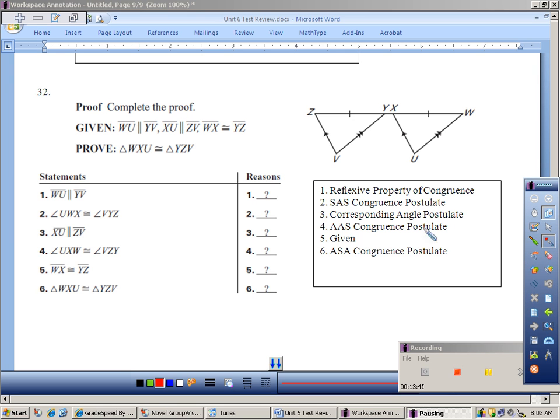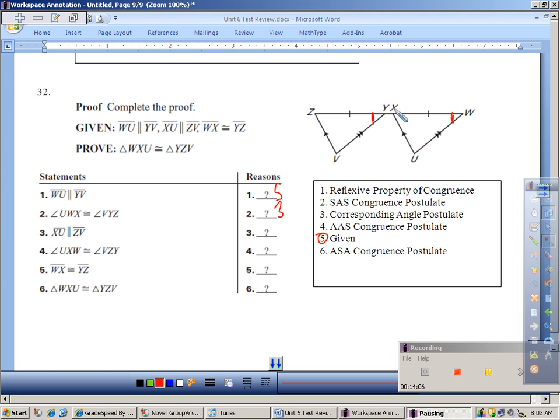And in the final one here, I have segment WU is parallel to YV. That was given information, so number 5. Angle UWX is congruent to VYZ, and those are corresponding angles because of the parallel lines, so that is number 3. I have segment XU is parallel to segment ZV.